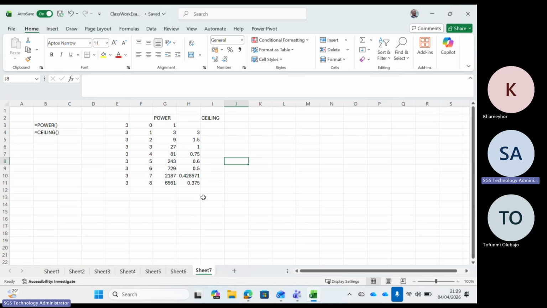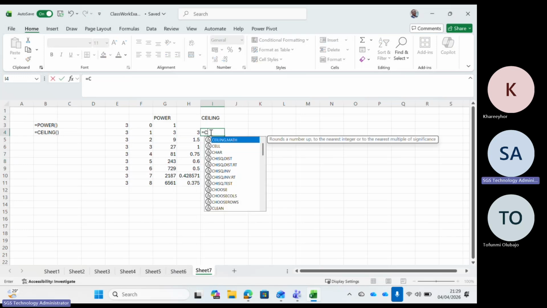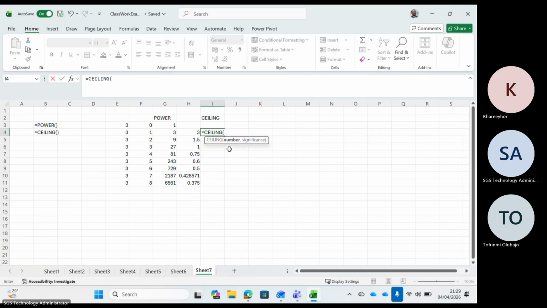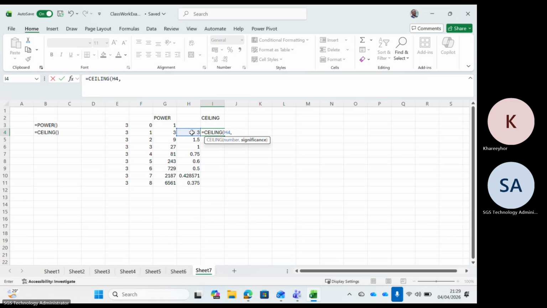So let's work with all this. If we want to round these numbers up, equals CEILING. What number? Significance, let's say 1.